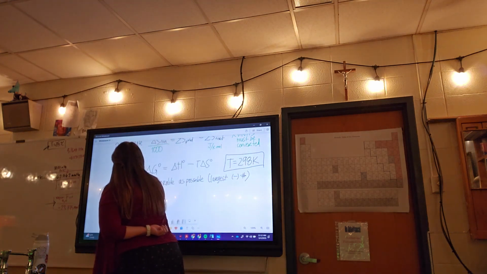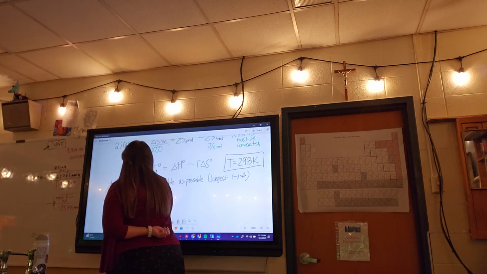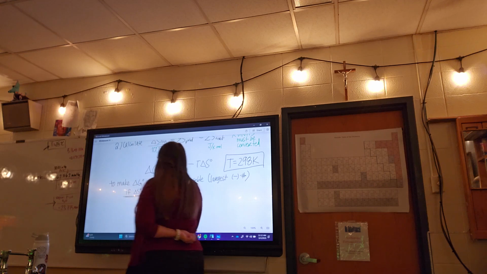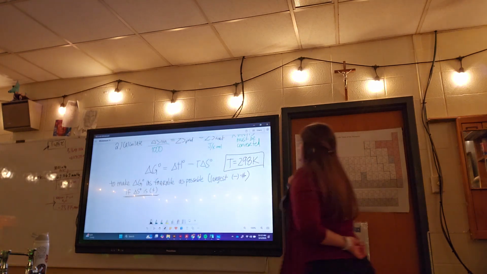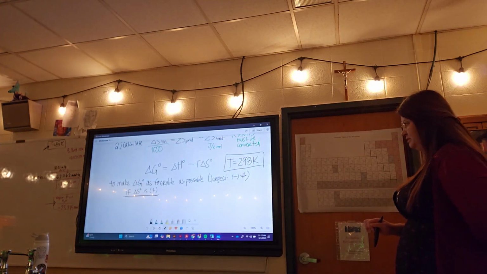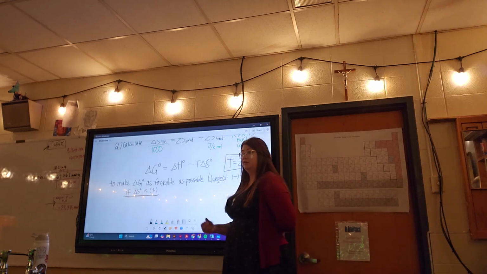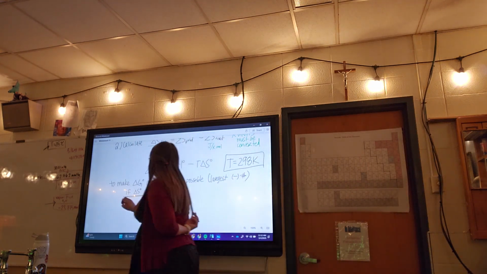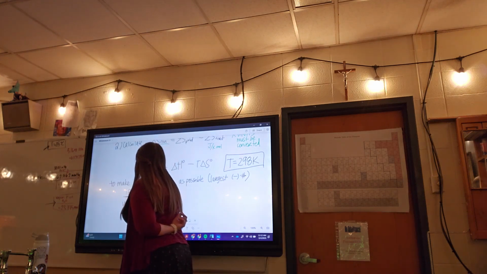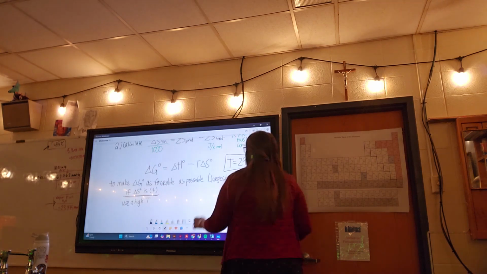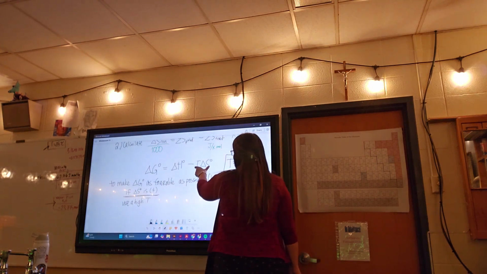So, if delta S is positive, in order to make delta G as negative as possible, you want T to be at a high temperature. Why? It'll make this number the most negative it can be.